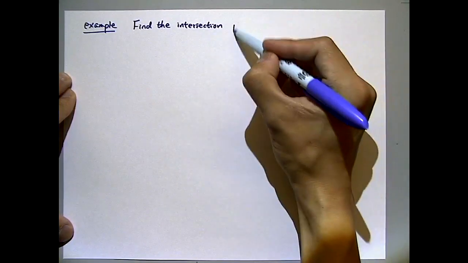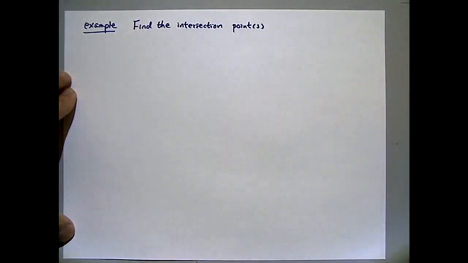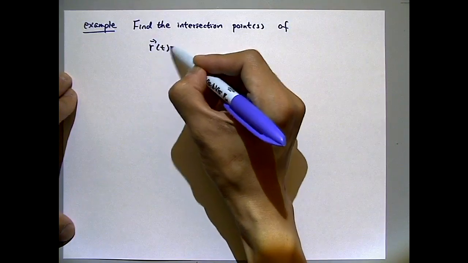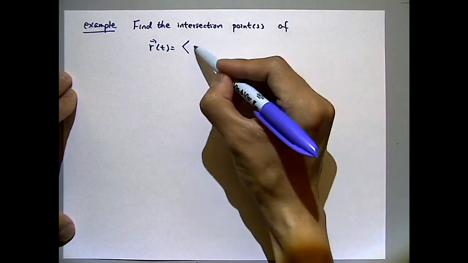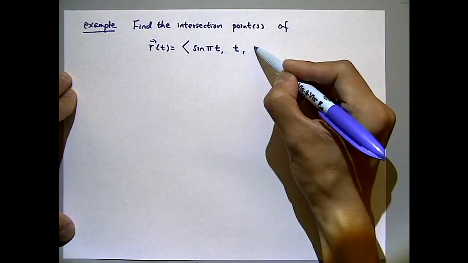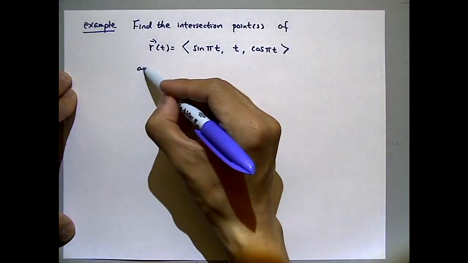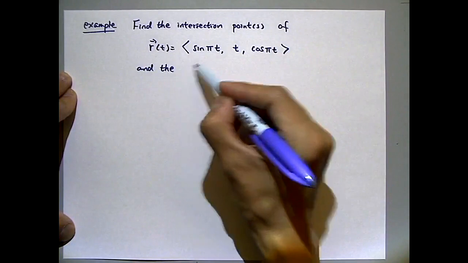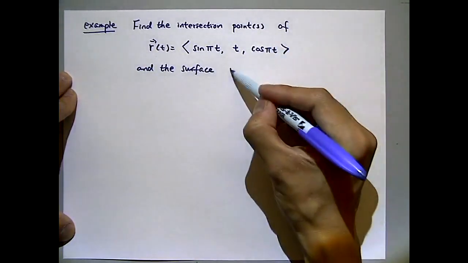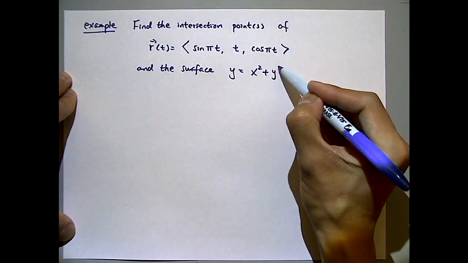Find the intersection points, possibly plural, of a space curve defined by this vector function, the same one we just looked at, and the surface y is equal to x squared plus z squared.